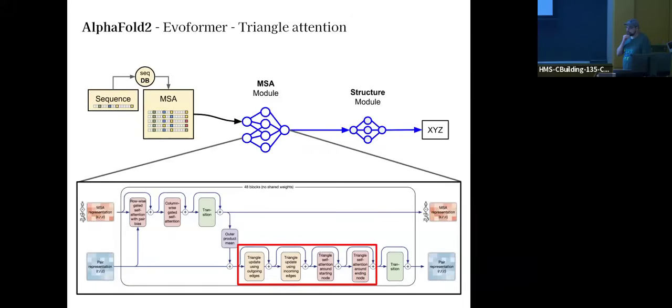I just don't remember if the triangle attention was ever ablated, but maybe it was. Okay, it looks like there's a confirmation in the back that it was. Does anybody actually remember? Oh yeah, I had it open, and it didn't have a huge difference.